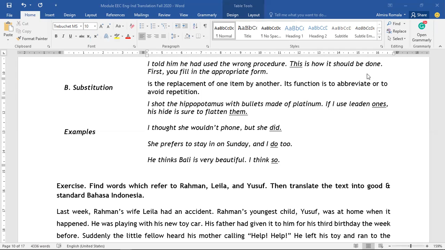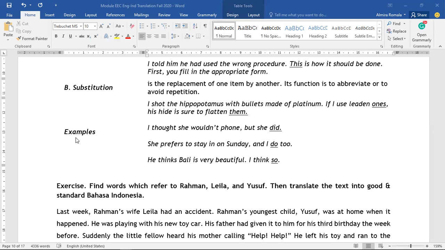So "ones" refers to the bullets, and "them" too. Alright, and the other example. Actually, substitution is closely related to reference, as we also use reference to substitute repeated words.